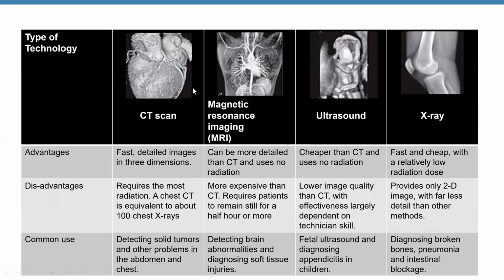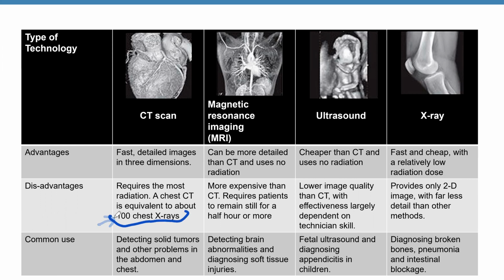Okay, so here are the technologies that we covered, their advantages, disadvantages, and common use. So CT is fast, with detailed images in 3 dimensions, but requires the most radiation, and this is a disadvantage. A chest CT is equivalent to about 100 chest X-rays.